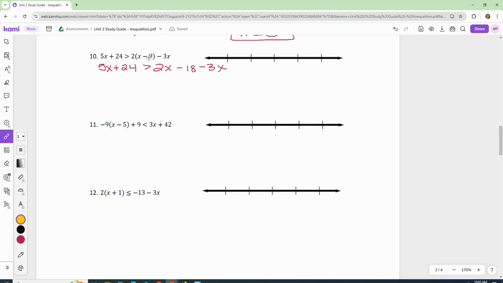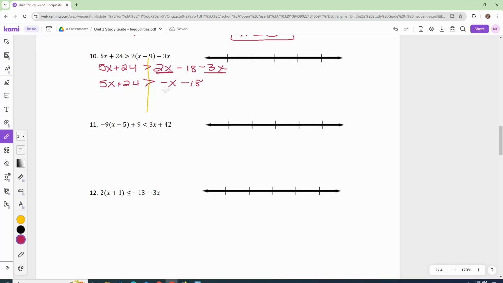Think about it this way: if I draw a line here, those are the two sides of my inequality. If they're on the same side, then I can just put them together. When I have the 2x and -3x, I'm not moving it to the other side, so I don't have to add 3x. I'm just combining those like terms. So 2 and -3 is a -1.